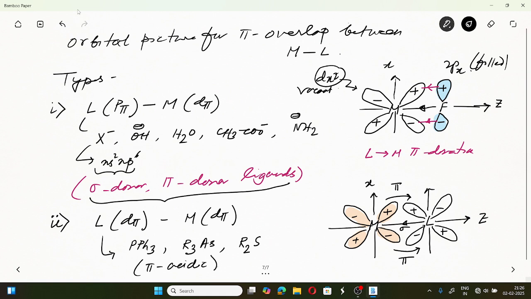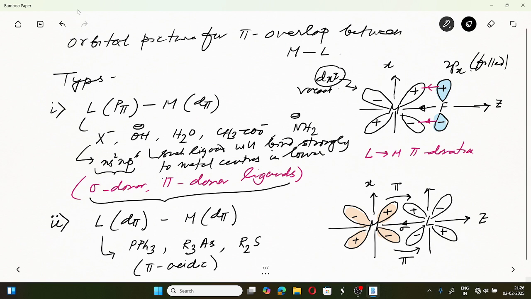Now what is the criteria? See, for the metal, such ligands will bind strongly to metal centers in higher oxidation states.